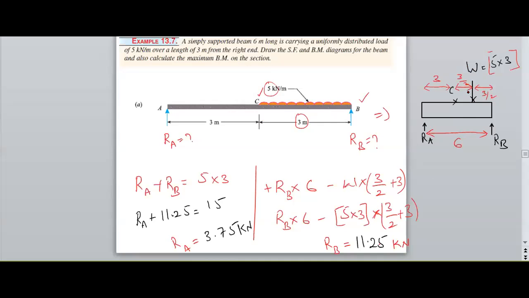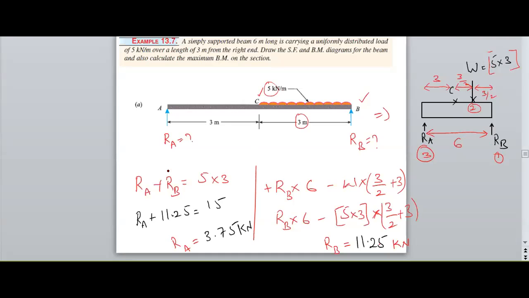Therefore we have three point loads now. First one is RB, second one is the external point load, and the third one is RA. Considering the equilibrium condition on the beam, upward moving forces need to be balanced by the downward moving forces.